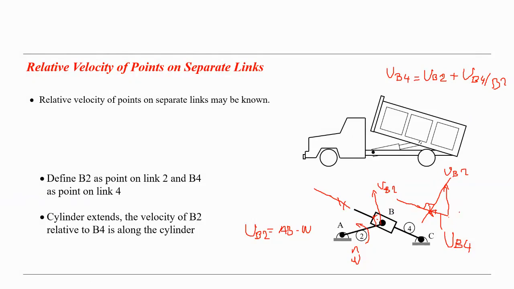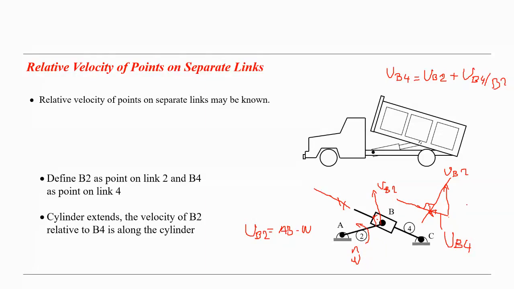Since we know this, we try to calculate graphically. We know VB2 as magnitude and also direction, and we know the directions of the other vectors, VB4 and VB4 relative to B2.